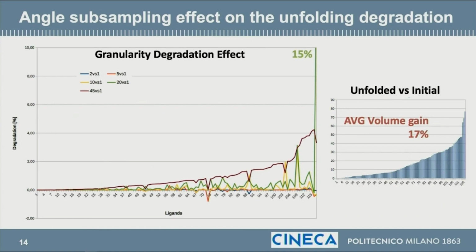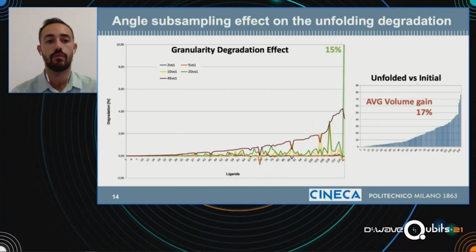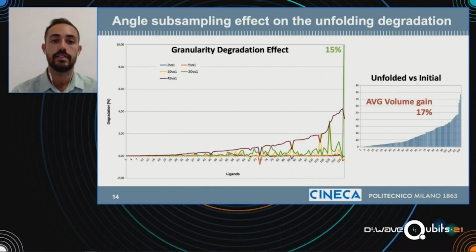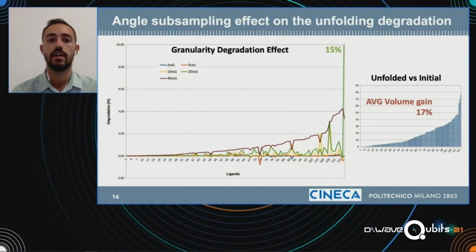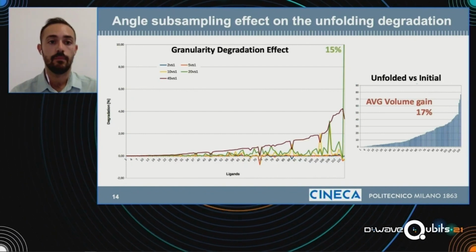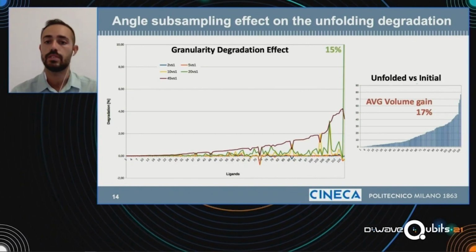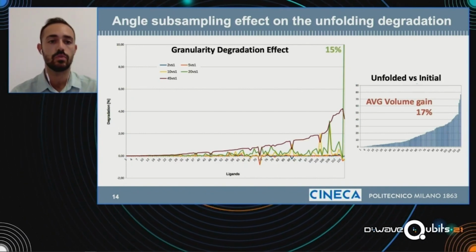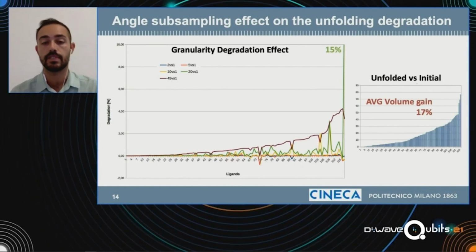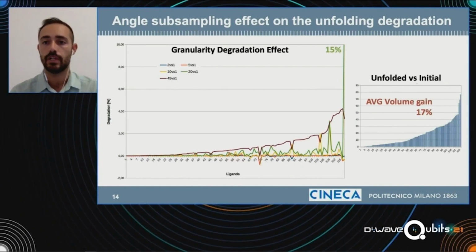On the plot on the left, you see that the degradation due to different granularities is always very low. In particular, if you go from a discretization of 1 degree to a discretization of 45 degrees, the degradation is always below 2%, and goes to 4% only for very large molecules.